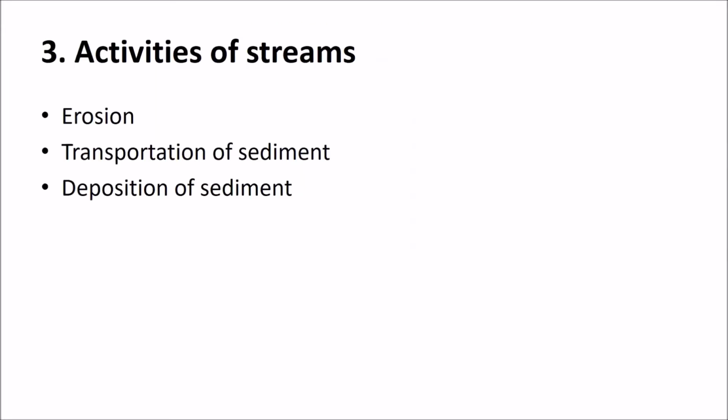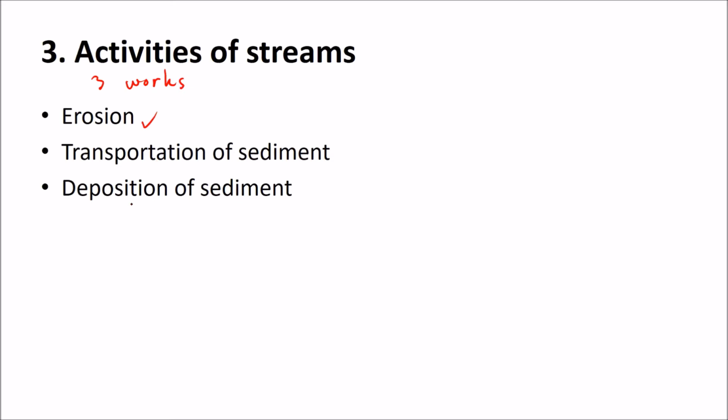And the next part here, we talk about the activities of a stream. Three main activities, three works. We can call it work. The first is erosion. The second is when the soil is eroded, it will be transported in the flow, and it is the activity of transportation of the sediment.